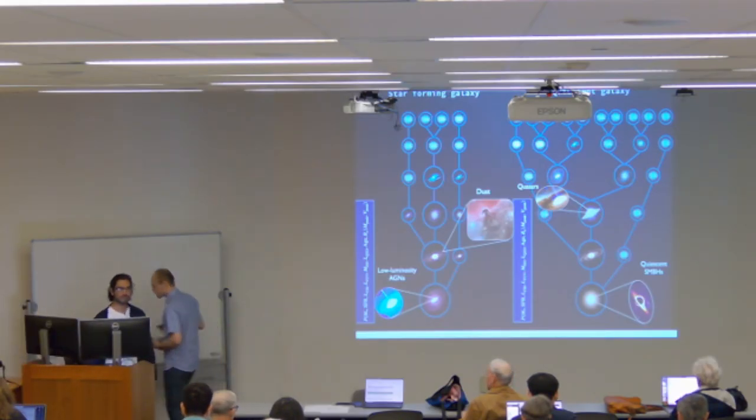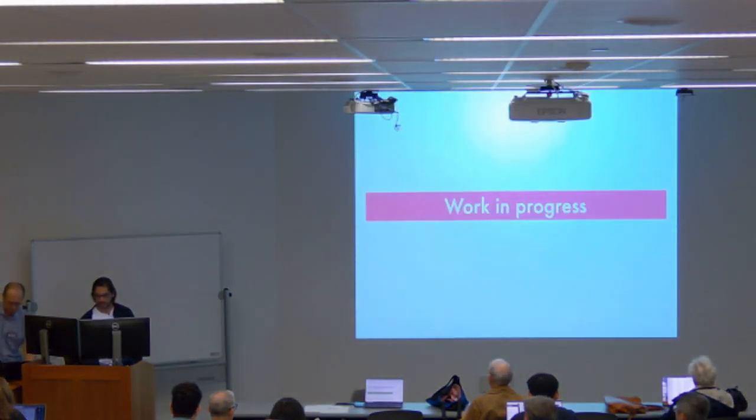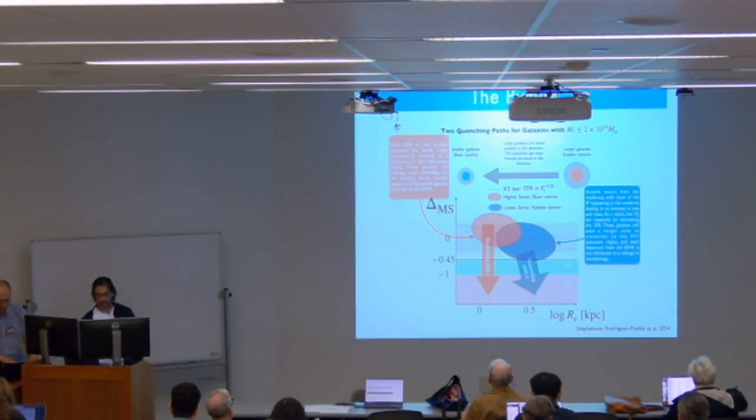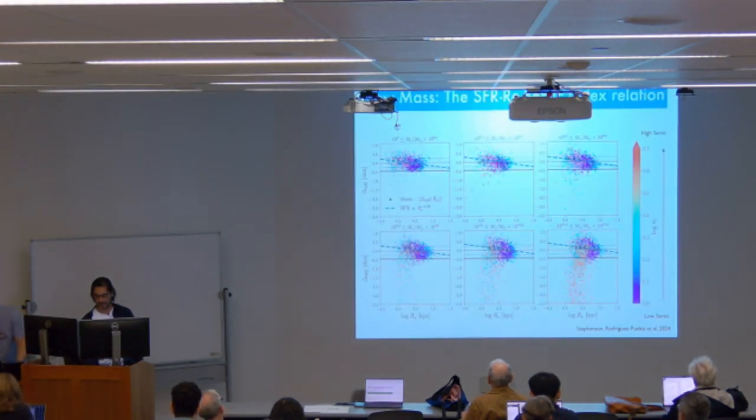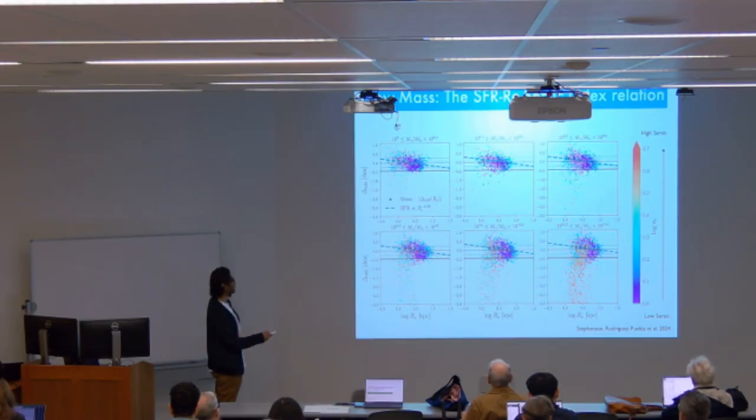Could you say a little bit more about the physical picture around your two quenching pathways for low mass galaxies? What would explain these two paths? Yeah, right. So we have this plot. If you concentrate, for example, on this stellar mass bin, where you have more diversity of points, we are seeing that on the top of the main sequence, galaxies have high Sersic indices, and the structure of those galaxies is consistent with quiescent ones.